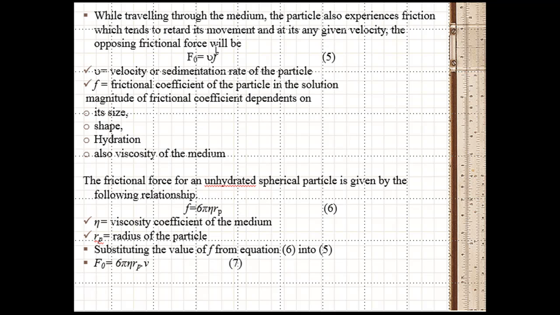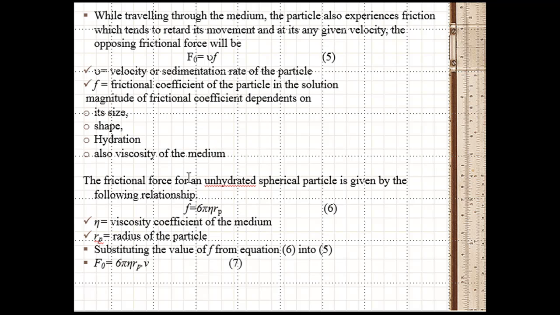The opposing frictional force is given as F naught equals v multiplied by f, where v is the velocity of sedimentation of the particle and f is the frictional coefficient of the particle in the solution. The magnitude of the frictional coefficient depends upon the size, shape, hydration and viscosity of the medium.